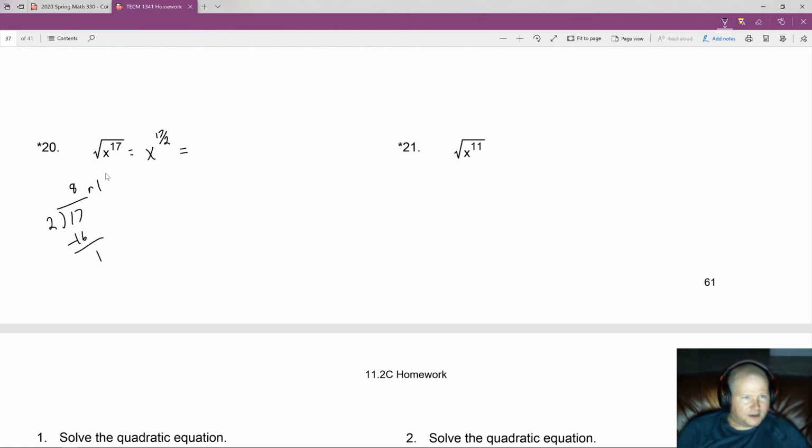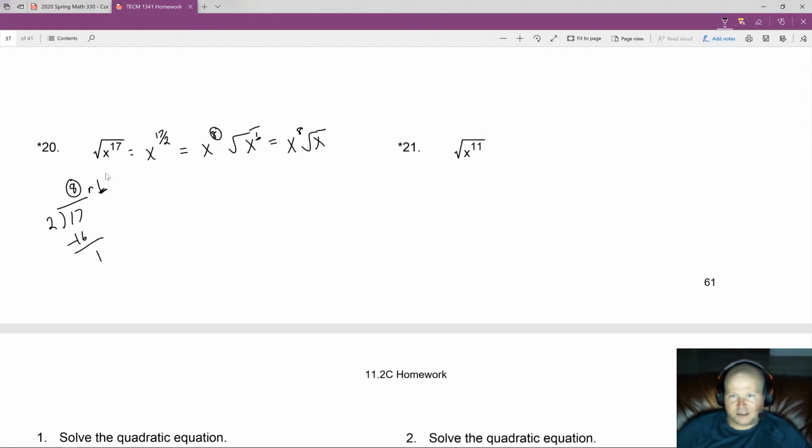So we'll end up with x to the 8th power, and then x to the first power under the radical. The leftovers, the remainder, stays underneath there. Or to write it another way, it's just x to the 8th square root of x.